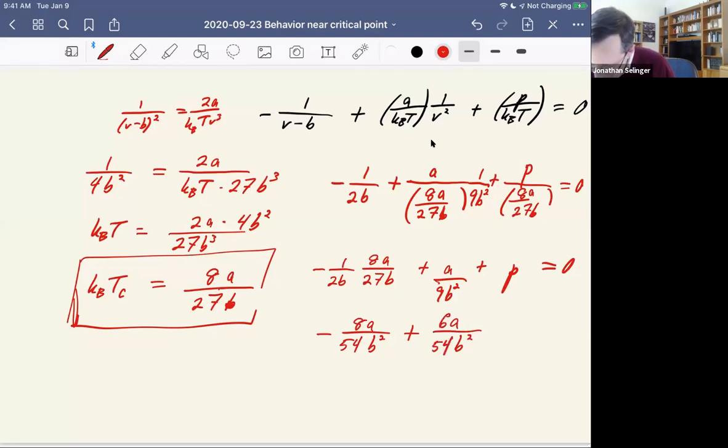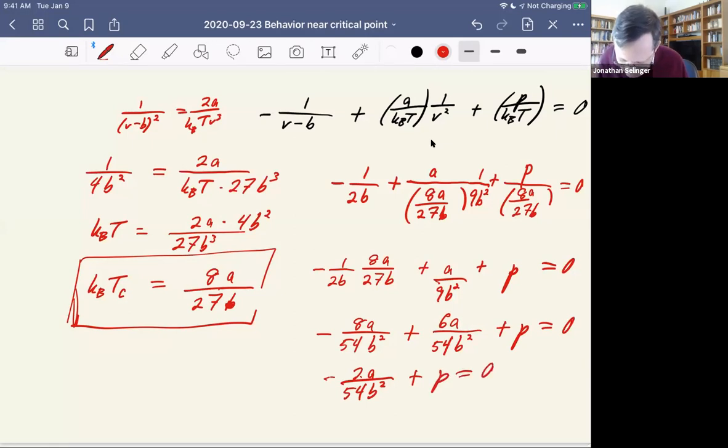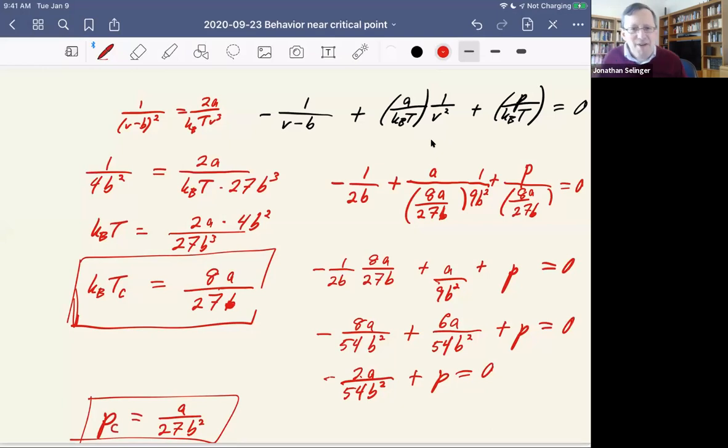Plus p equals 0, negative 2a over 54b squared plus p equals 0. So p is 2/54, that's 1/27, A. All right, I can do high school algebra. Nice to see it. Okay, so there's our answer.